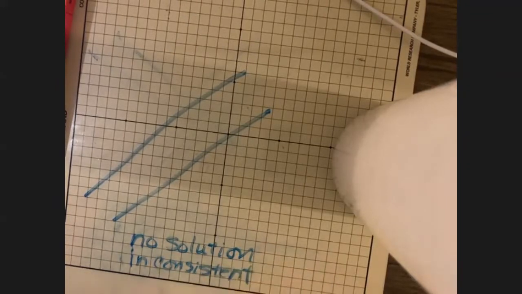This is an inconsistent system because remember, consistent means I get an answer. If there's no answer, then I can't be consistent. So we're inconsistent.